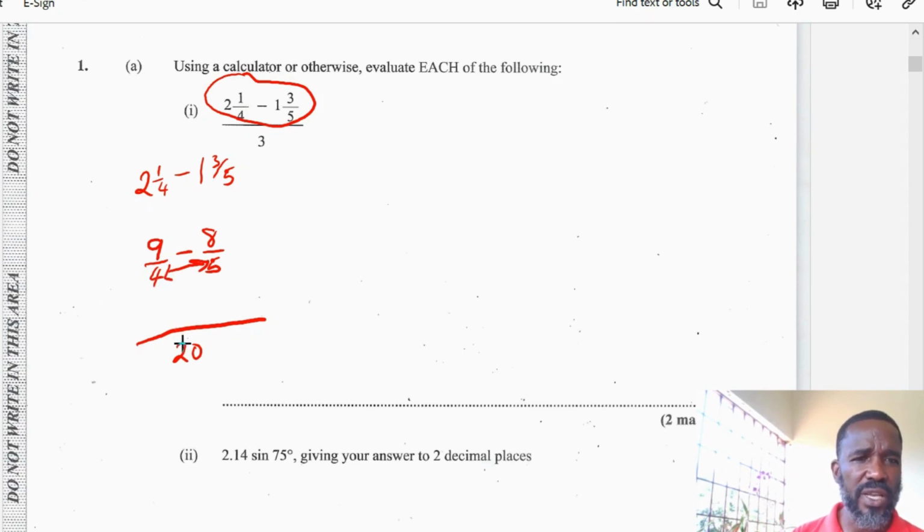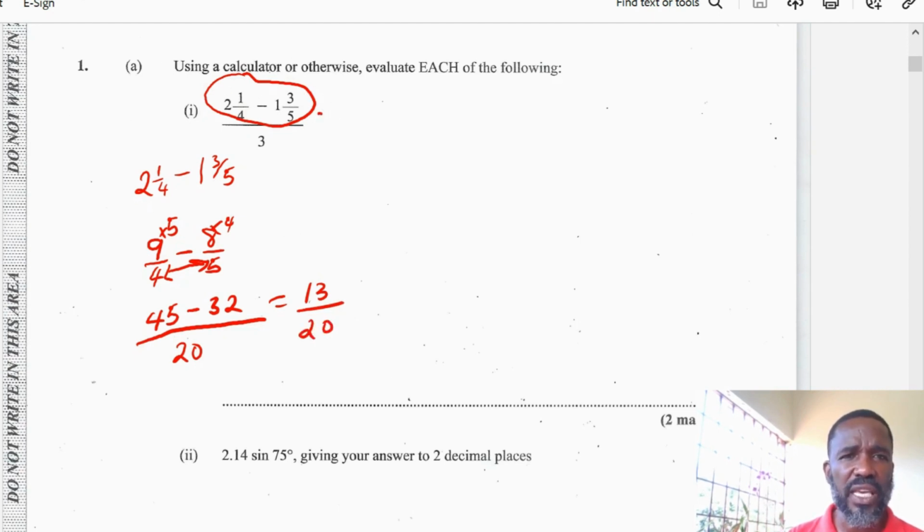So 4 into 20 goes 5 times, so we multiply 9 by 5, and 9 fives give you 45, minus 4 multiplied by 8, which gives you 32, because 5 can go into 20 four times. So we have 45 minus 32, and that is equal to 13/20.